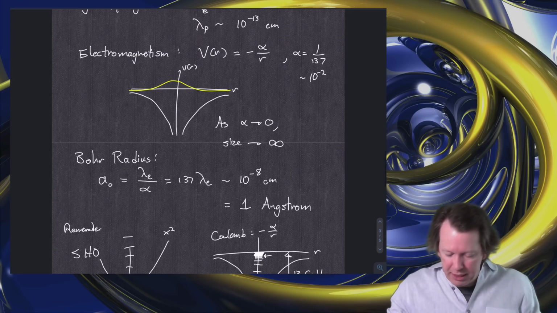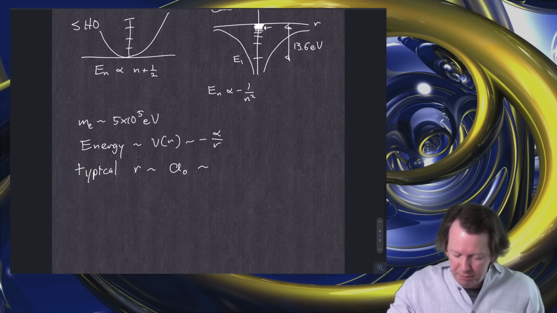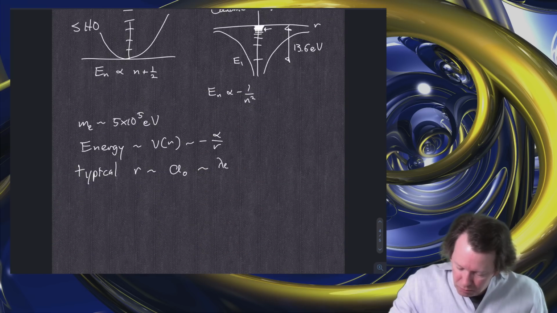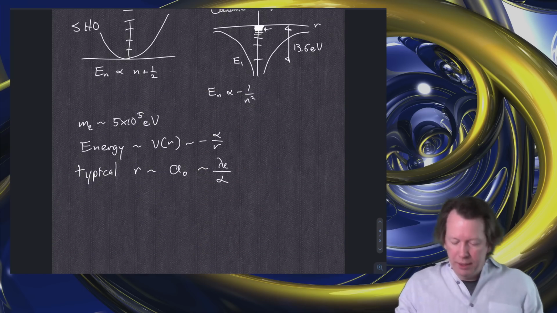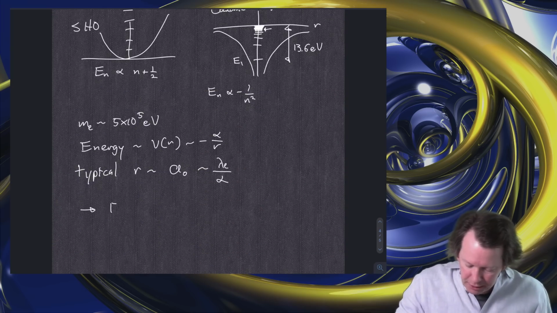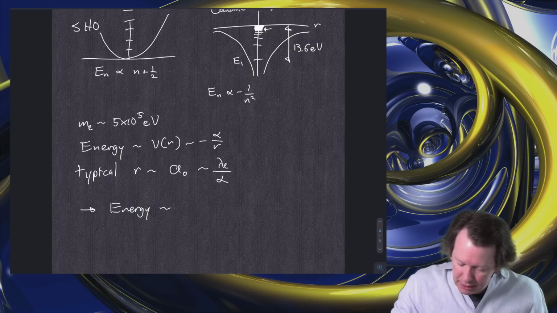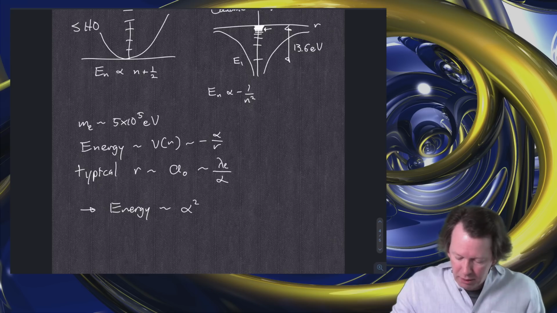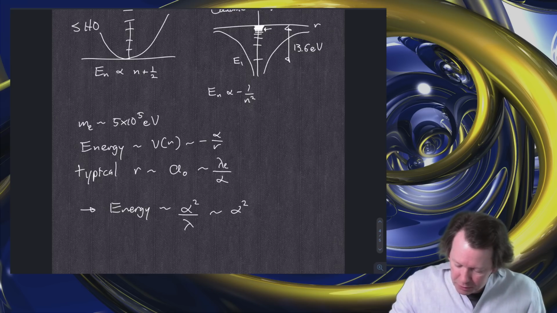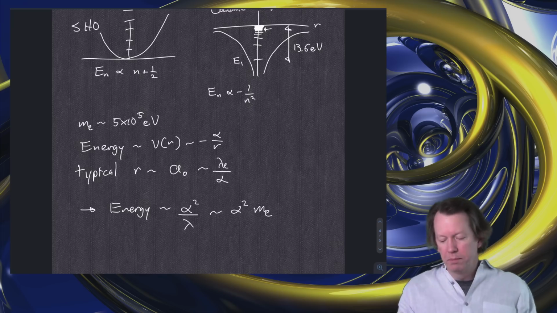And a naught is lambda over alpha. So the energy is, roughly speaking, alpha over r, which is lambda over alpha. This is alpha squared over lambda, or in other words, alpha squared times the mass of the electron.